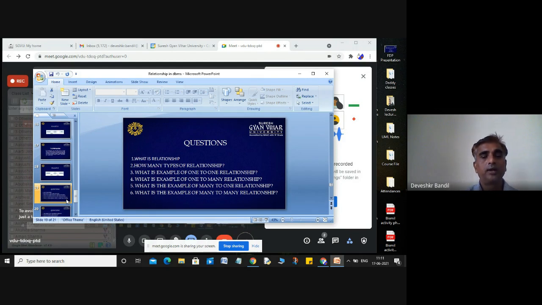Also, the student will be able to answer questions like: in an ER diagram, the relationship is represented by what?